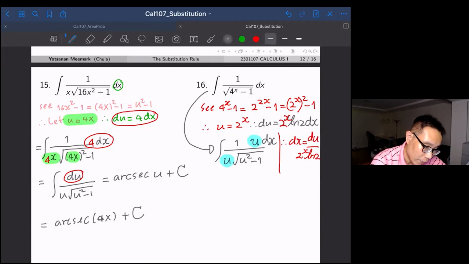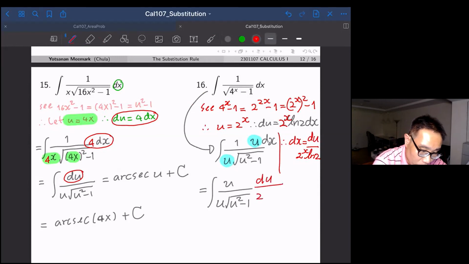Let me write them down. So this will be u dx, and I'm going to write it in terms of the red. So it's going to be u square minus 1 here, and u dx will be du over 2 to the x log 2. And what is 2 to the x? 2 to the x is equal to u.